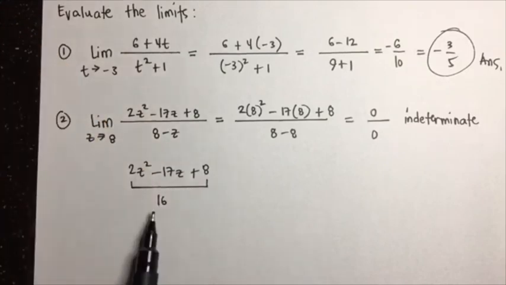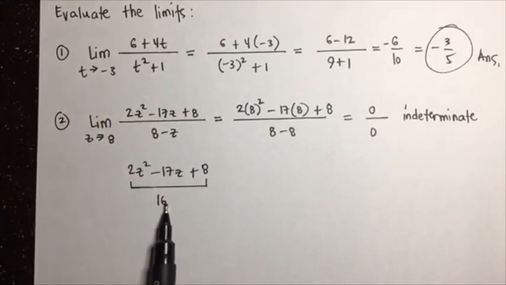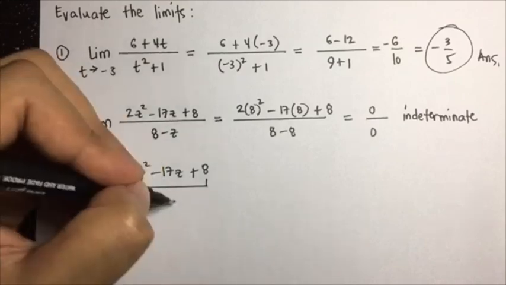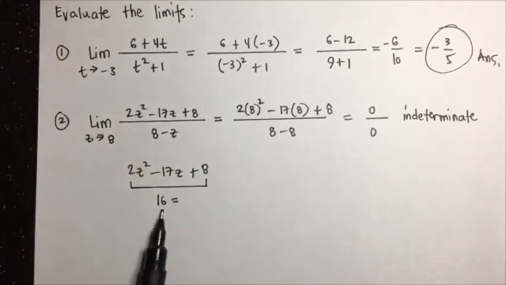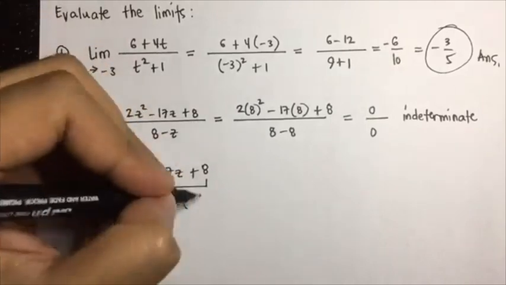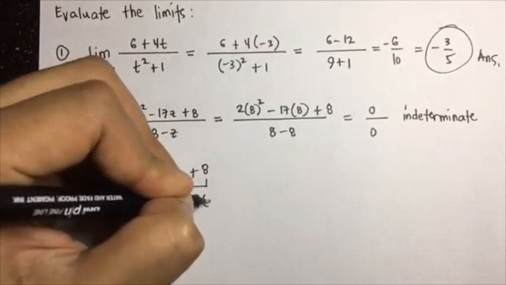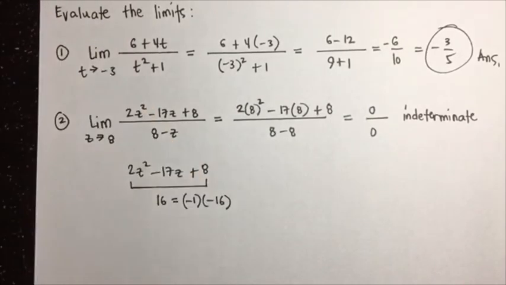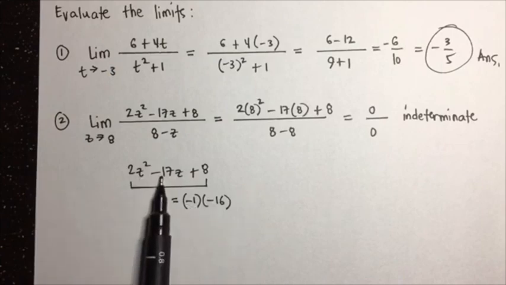Next, we find factors of 16 such that the sum of the factors is negative 17. We can have negative 1 and negative 16, such that negative 1 times negative 16 is positive 16, and negative 1 plus negative 16 is negative 17.